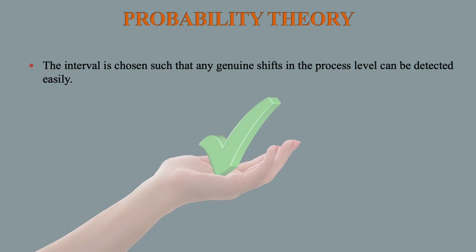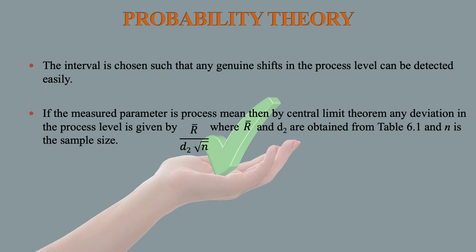The interval is chosen such that any genuine shifts in the process level can be detected easily. If the measured parameter is process mean, then by central limit theorem, any deviation in the process level is given by R bar divided by D2 under root n, where R bar and D2 are obtained from table 6.1 and n is the sample size.